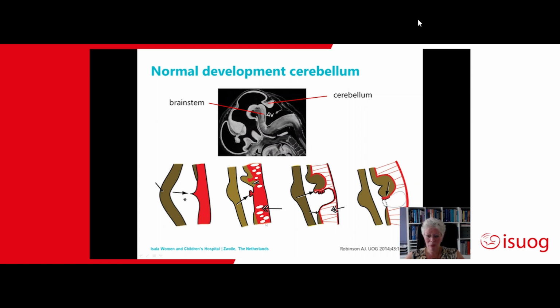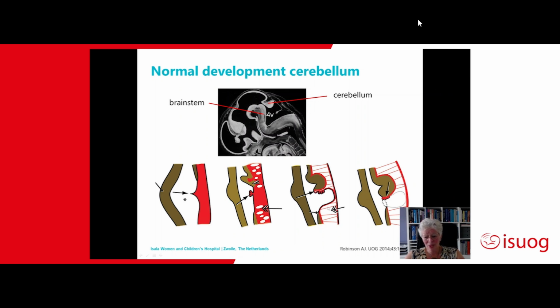From the posterior part of this membranous area, the Blake's pouch will develop. And this Blake's pouch will intrude below the vermis, inside the arachnoid space.